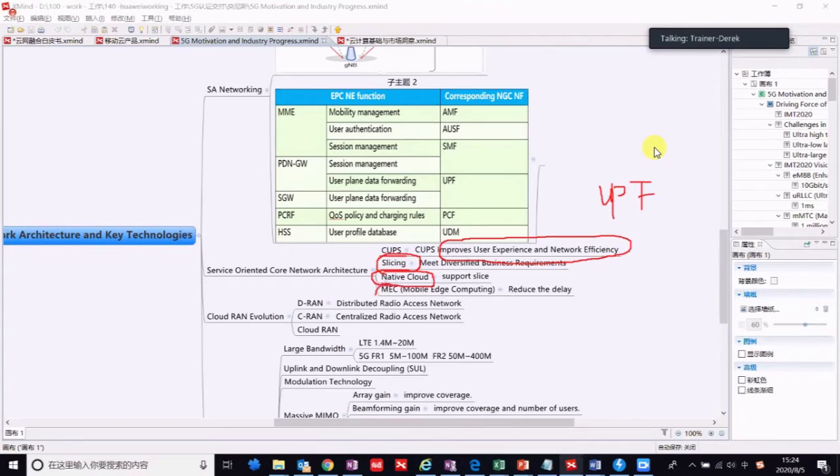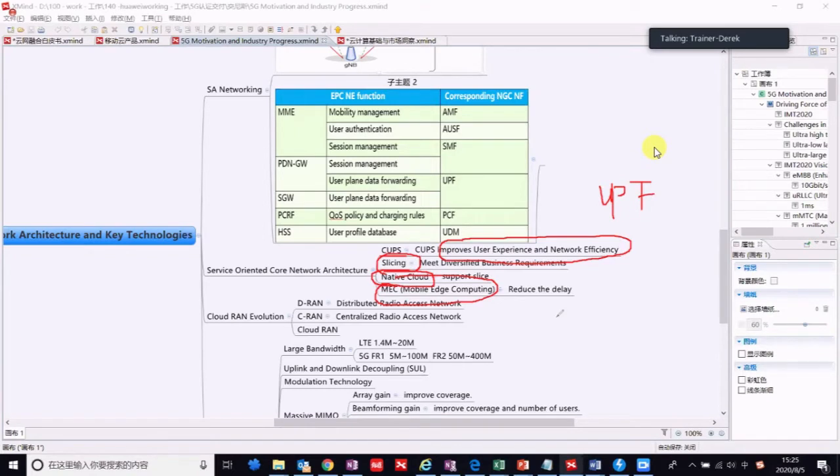And MEC, mobile edge computing. It can also reduce the delay. In some factories, the customer doesn't want their data to go through the public IP network, so they will deploy MEC in their own campus. This is one scenario.